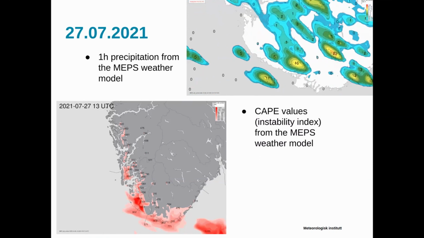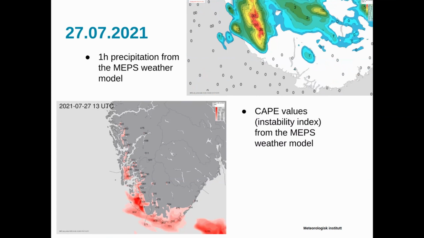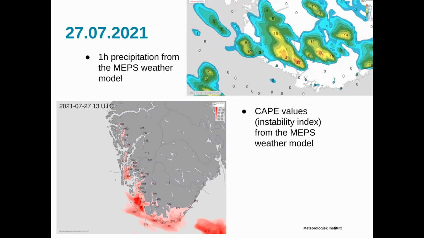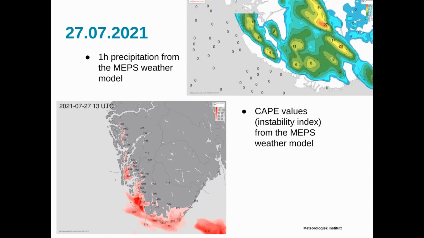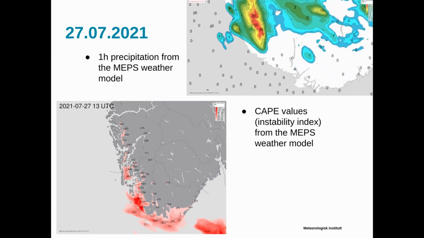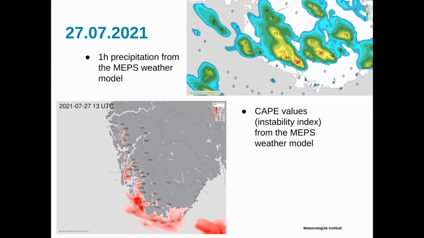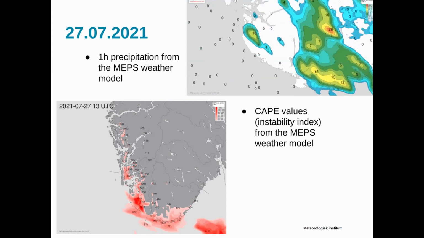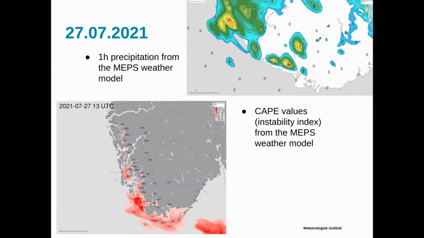We also see on the top right the precipitation 1 hour values. And we see in some hours we had more than 30 to 35 from the MEPS weather model. So this could indicate that we were on the limit to an orange warning, so we had to follow this situation closely.